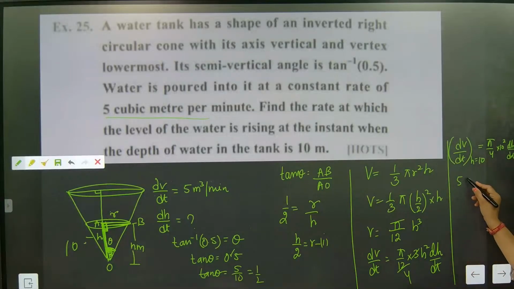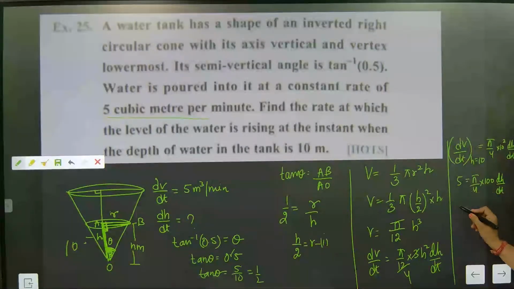So 5 is equal to pi by 4 into 100 dH by dt. So 4 will go there, it will become 20 by 100 pi is equal to dH by dt. This cancels, so 1 by 5 pi is equal to dH by dt.